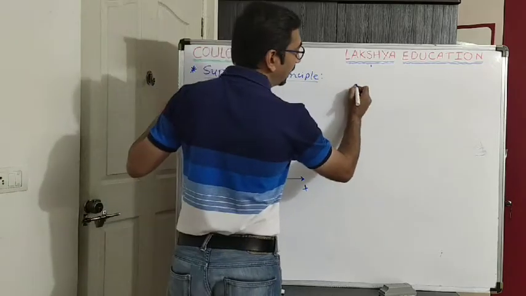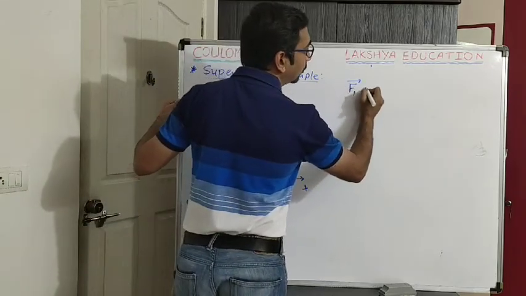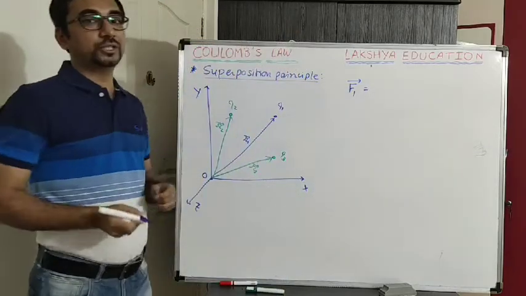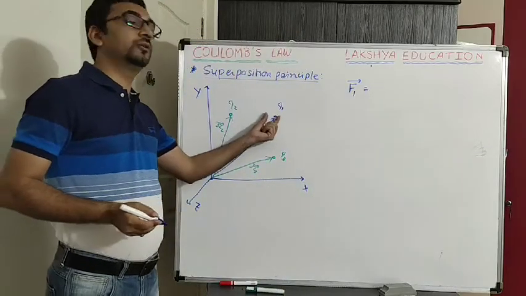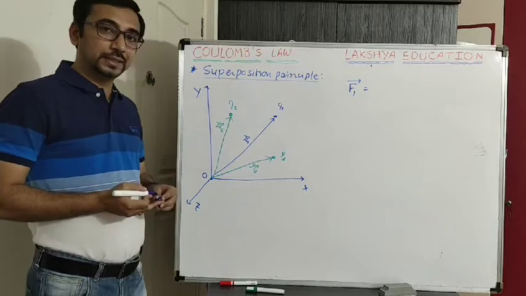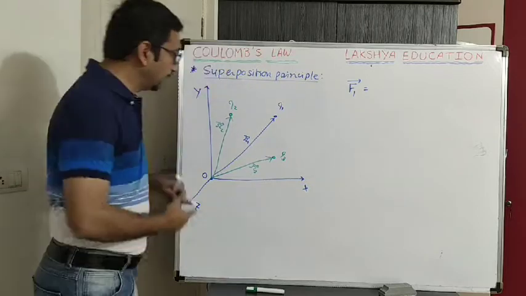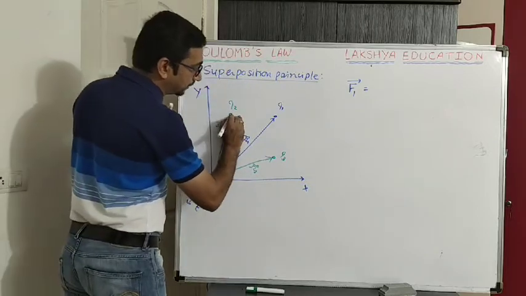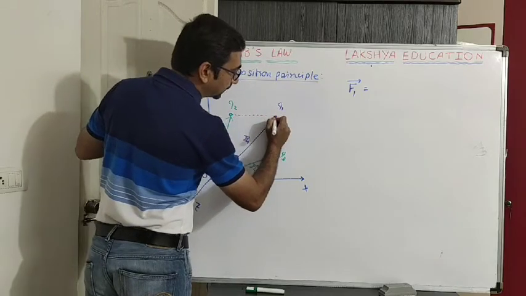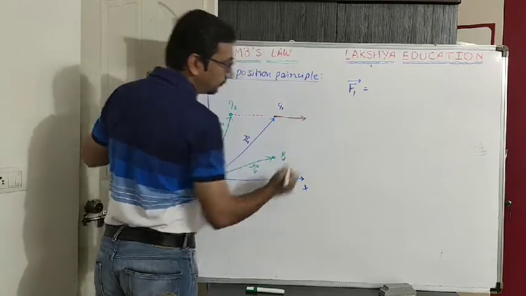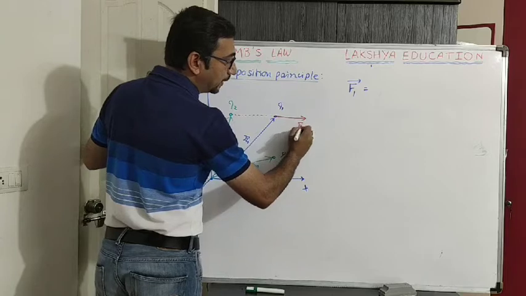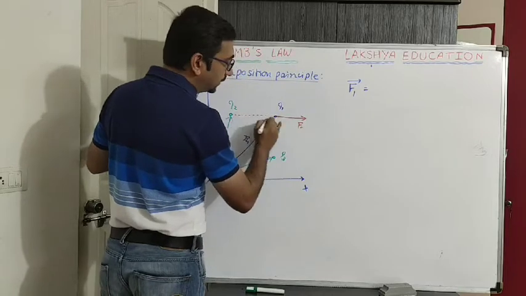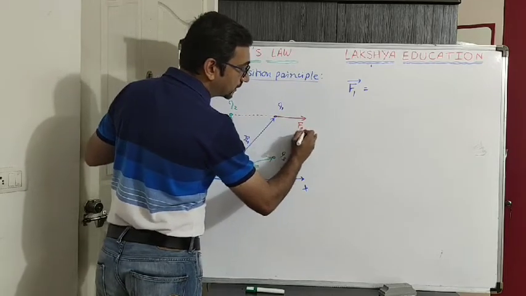So what we want to find out is the force acting on the first charge. Now who will exert force on the first charge? First, the second charge. The second charge will exert force in this direction. So this will be the force exerted by the second charge on the first charge.